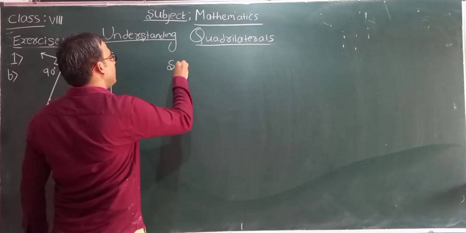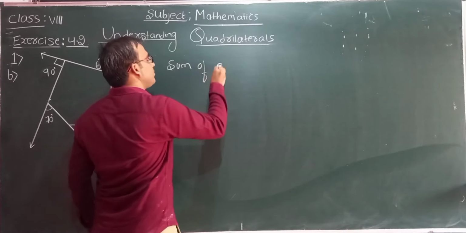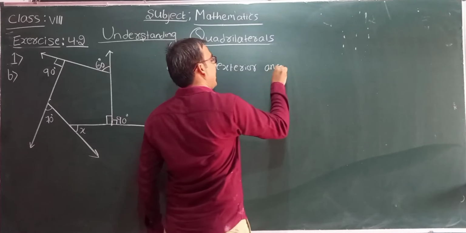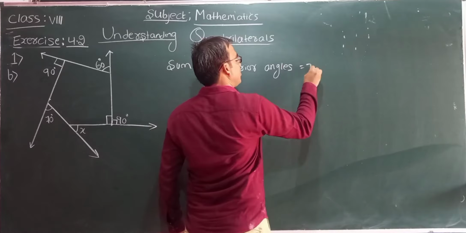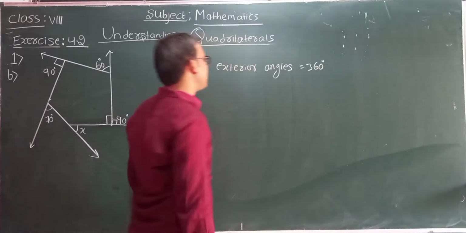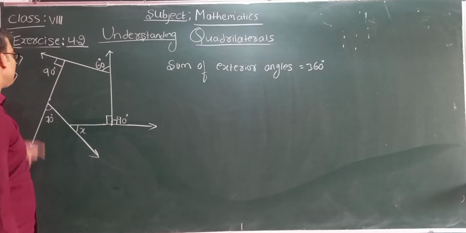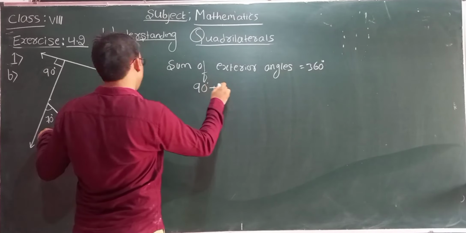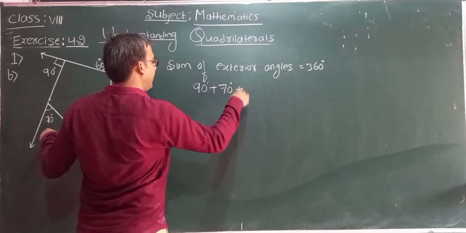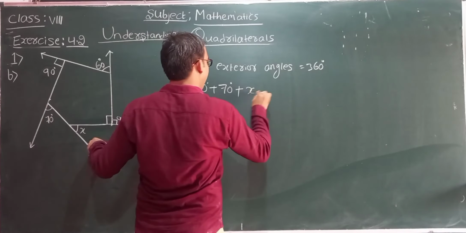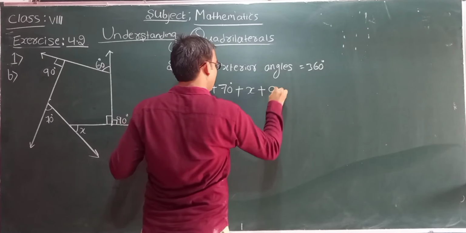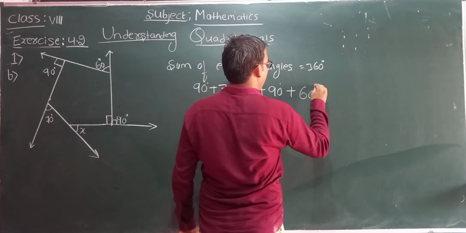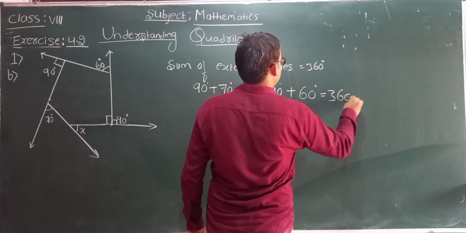So here, sum of exterior angles equals to 360 degree. Okay, so exterior angles, that is 90 degree plus 70 degree plus x plus 90 degree plus 60 degree equals to 360 degree.